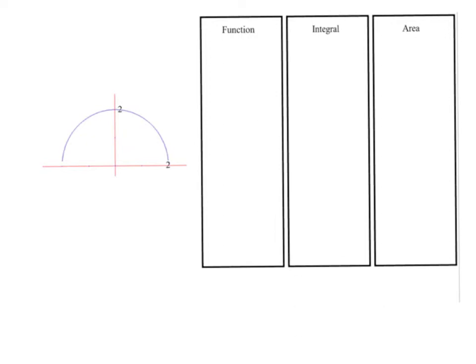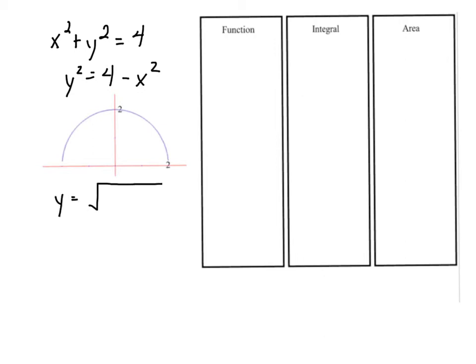This is a semicircle. If you can recall from pre-calc, the equation for a circle is x squared plus y squared is equal to the radius squared. The radius here is 2. So if you wanted to solve for y, we'd have y equals the square root of 4 minus x squared.